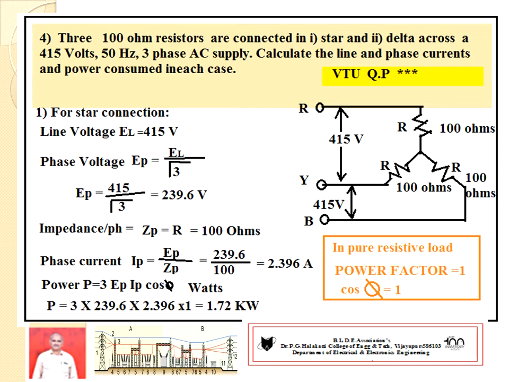That is the best case. It was already learnt in the pure resistive AC circuit. Hence the power factor is not required here, or it is 1. So power equals 3 times EP IP cos phi. Substituting all the values, we get 1.72 kilowatt.